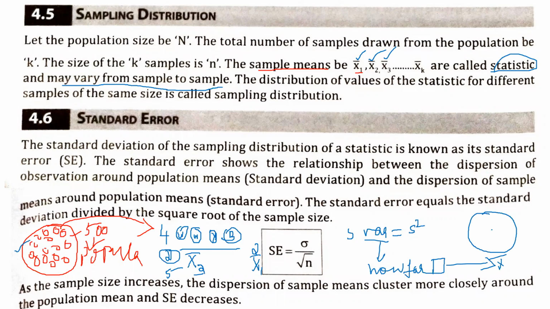There is one ball inside the bag which is white in color, another white ball is somewhere here, another ball is here. If this is the mean value, how far the other numbers are from the mean value we will be calculating. That is known as variance.